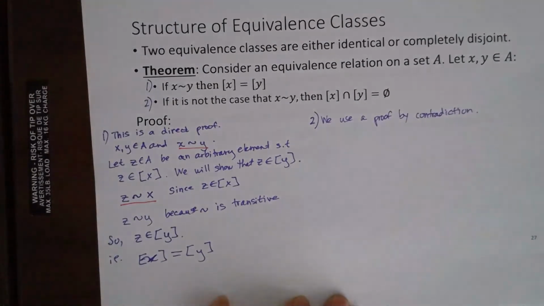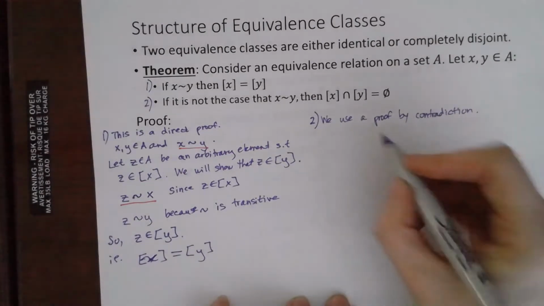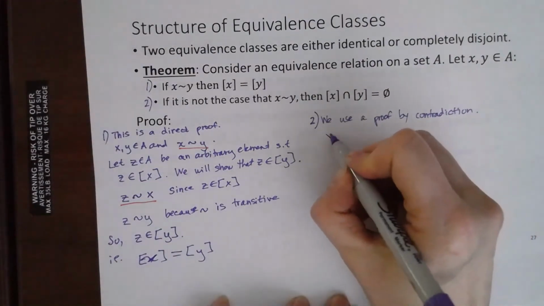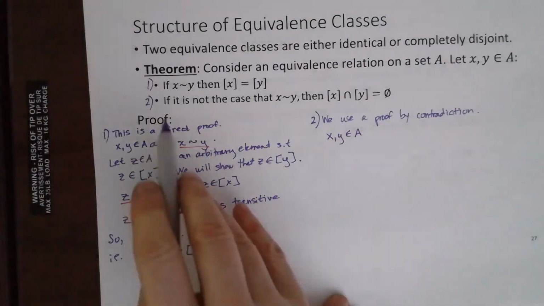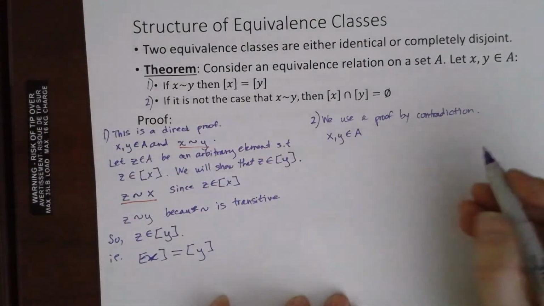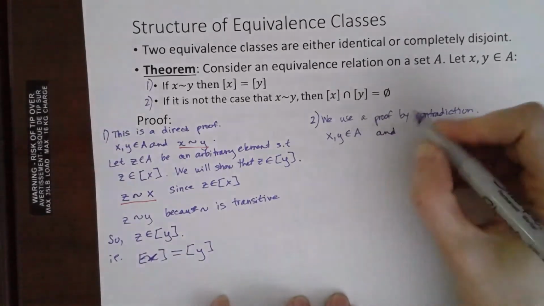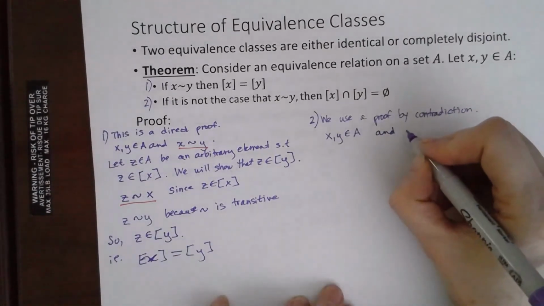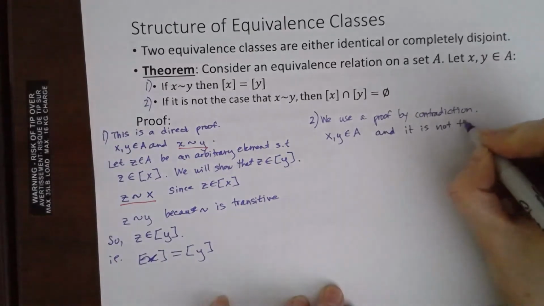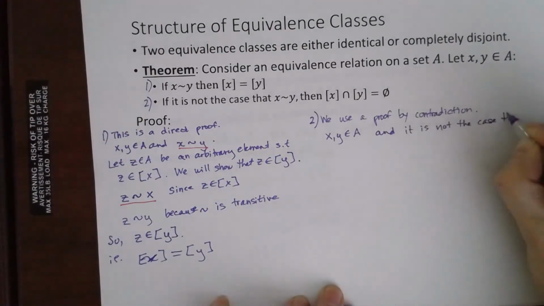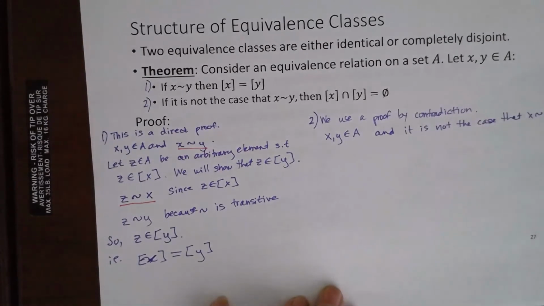Okay. So we know that X and Y are in A. And we've got our hypothesis here. So it is not the case that X is related to Y. Okay.